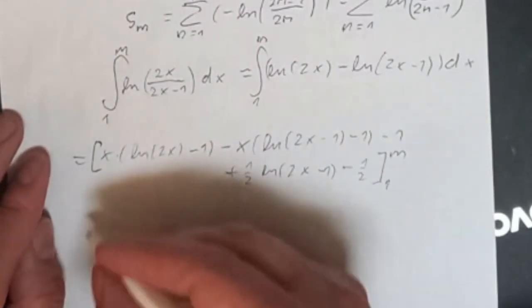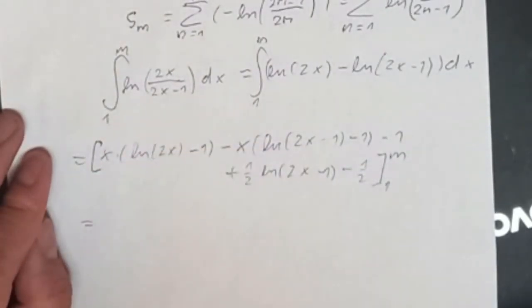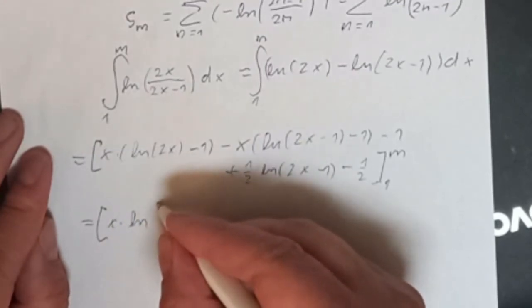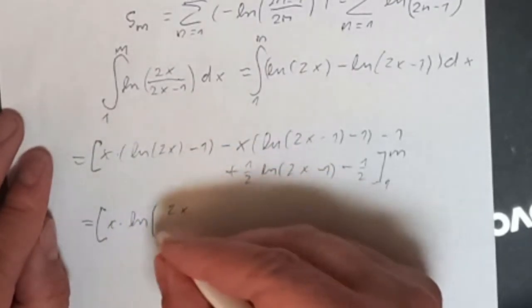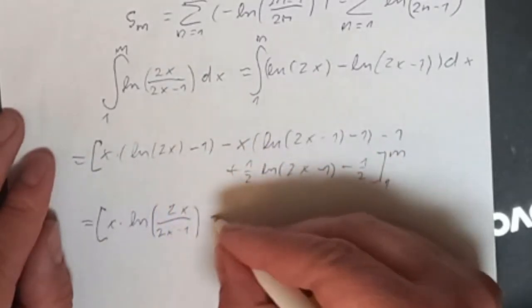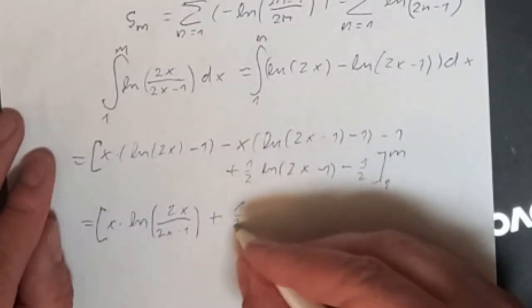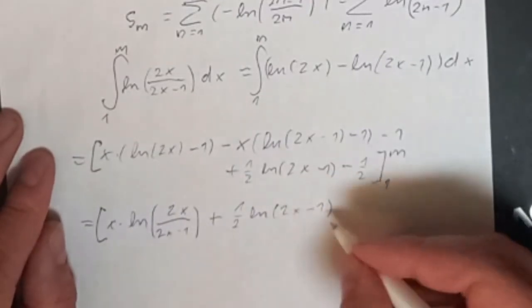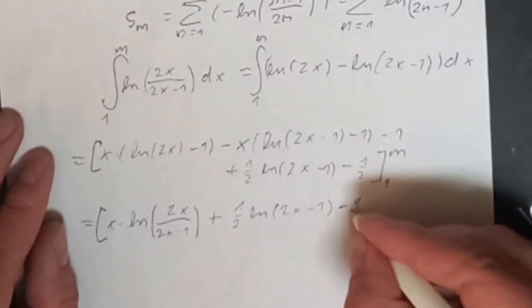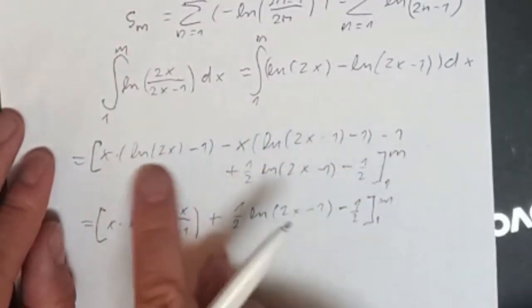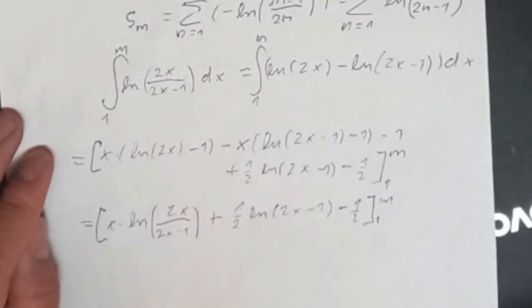Okay, this is x times the logarithm of 2x over 2x minus 1 plus half of the logarithm of 2x minus 1 minus 1 over 2, from 1 to m. I put those both together and so it gets somewhat easier.